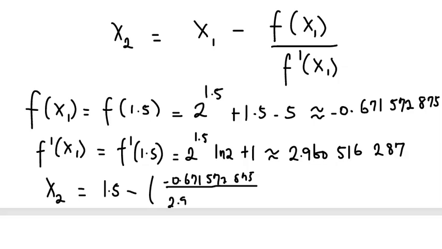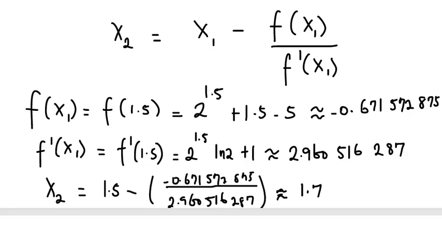So that is 2.960516287. So this is going to be equal to, remember we have minus times minus, that will be plus. So we have 1.5 plus this division here. So with the help of my calculator, this one right over here is approximately equal to 1.726.